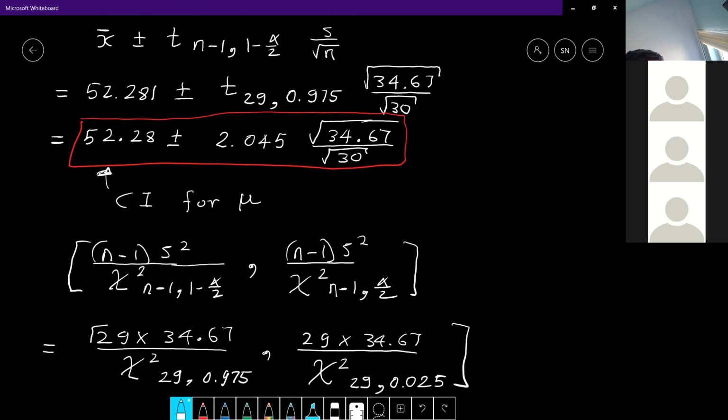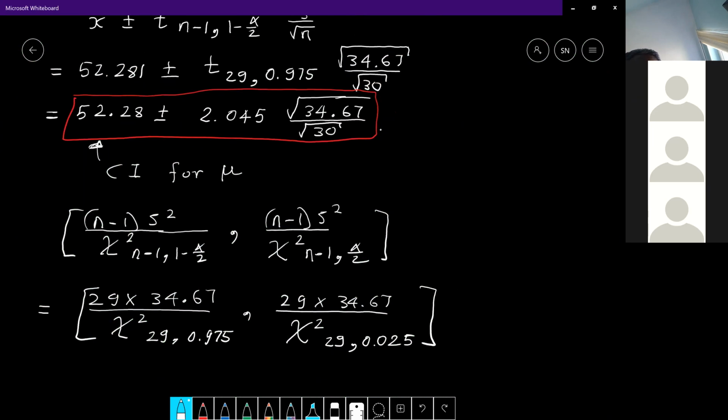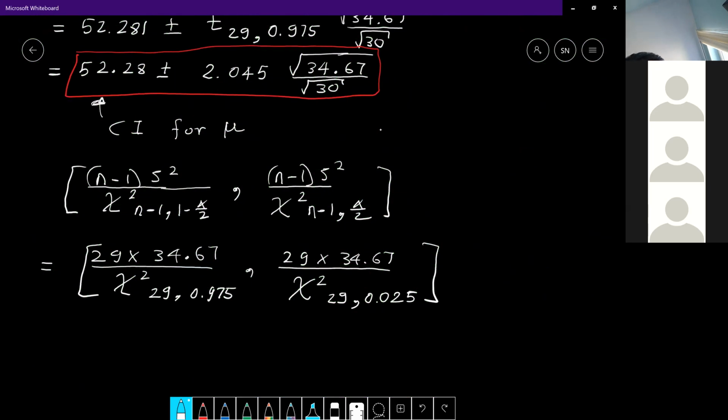Now, to read these values, you need the chi-square table, which I gave you well before the Easter break. I gave you a copy of the chi-square table, right? Don't tell me you don't have it.